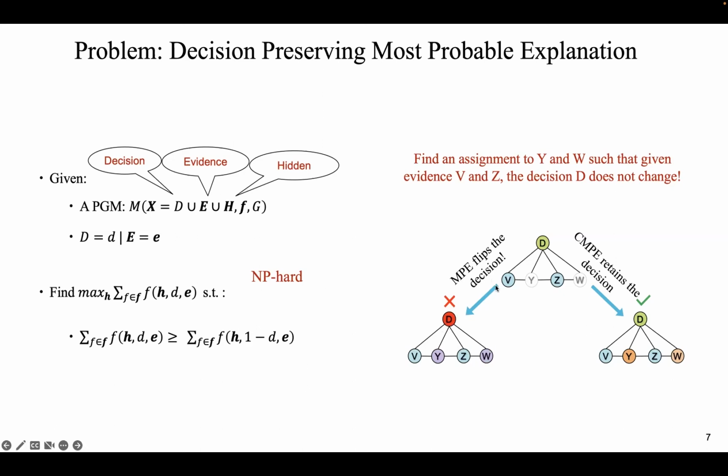Okay, so what the MPE assignment might do is actually flip the decision from green to red. But if we now solve the CMPE task, which is saying to make an assignment to Y and W, but when you make that assignment, the decision D should not be changed, right? So if we made this orange assignment to Y and W, it turns out that the decision D remains the same. Okay, so that's the task that we are trying to solve. Compute an explanation such that the decision does not change.